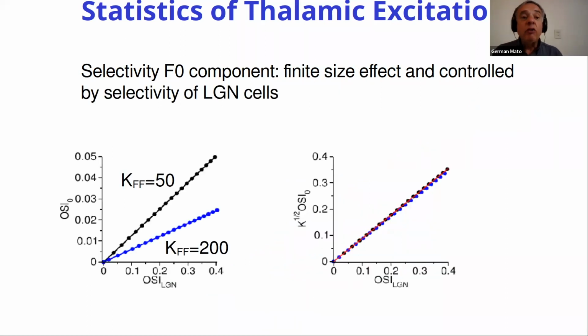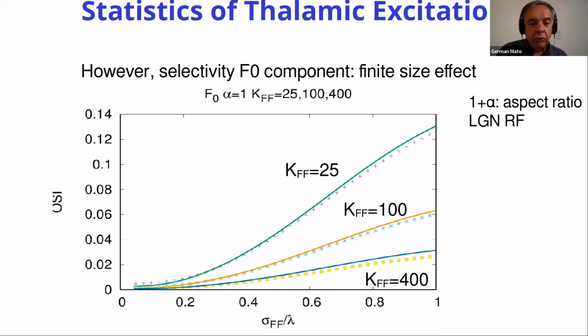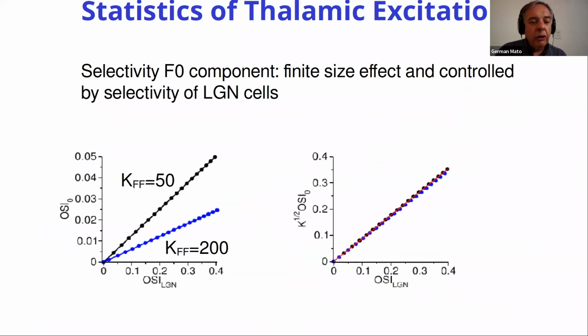We also find that the selectivity of the F0 component is proportional to the elongation of the receptive fields in LGN, essentially linear, and it scales as 1 over the square root of the connectivity.